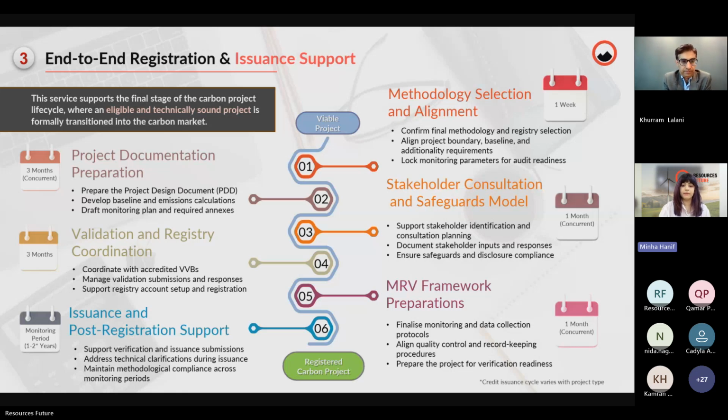So we develop this detailed MRV framework for you so that you can optimize and claim the entire amount of offsets for carbon credits. And issuance and post registration support, of course, if there are any other technical clarifications during the process, so RF is there to handle them on your behalf.